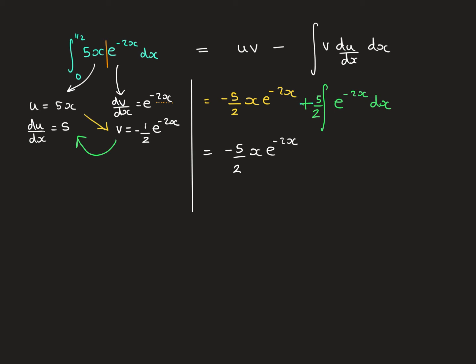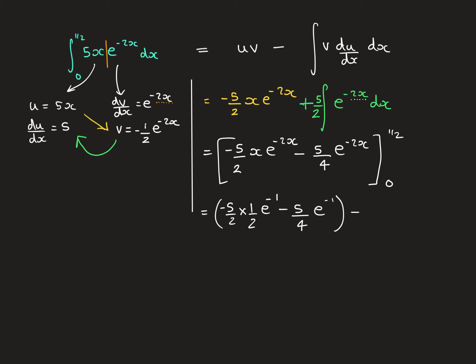Now integrating e to the minus 2x will give me e to the minus 2x, but I again need to divide by the derivative of this power, which is negative 2, so this becomes minus 5 over 4 e to the negative 2x, and of course I need to evaluate this between my limits as follows. So this is minus 5 over 2 multiplied by a half e to the negative 1, minus 5 over 4 e to the negative 1, minus, and of course e to the 0 is just 1.